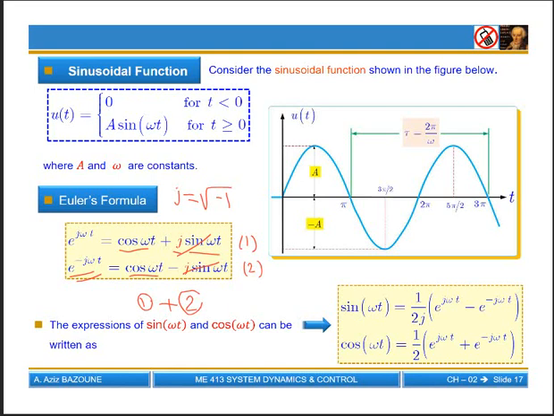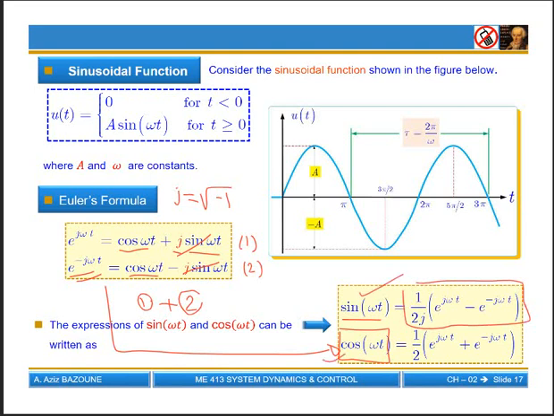If you want only cosine omega t, divide by 2. And this is how, if we add them, we find the cosine term. Now, if we subtract 2 from 1, we will find the sine omega t, which is this one. So this is the expression of the sine, and this is the expression of the cosine.